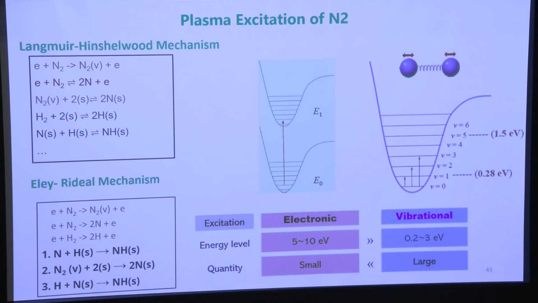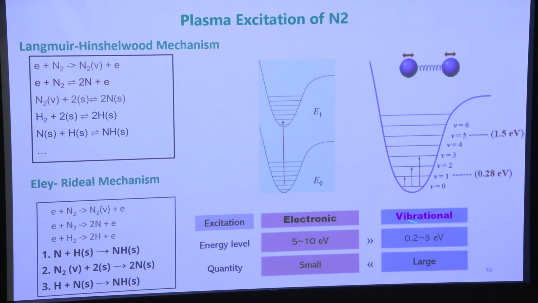In plasma processes, everybody has a different opinion. But one thing for sure, this is an electronic process. They require 5 to 10 electron volts, and you don't have a lot of electrons in a dielectric barrier discharge.